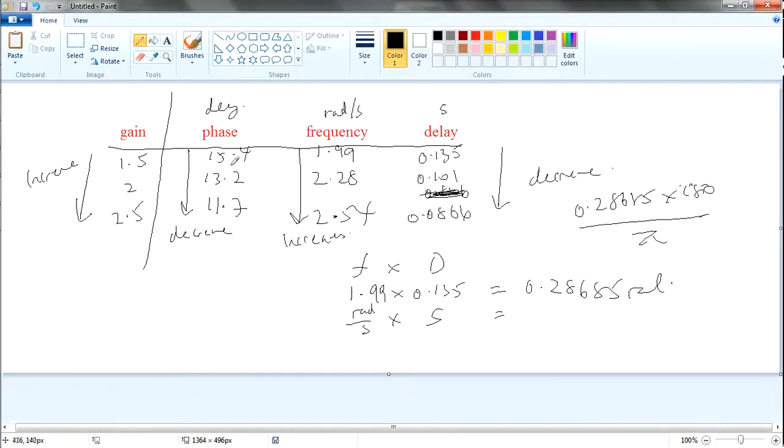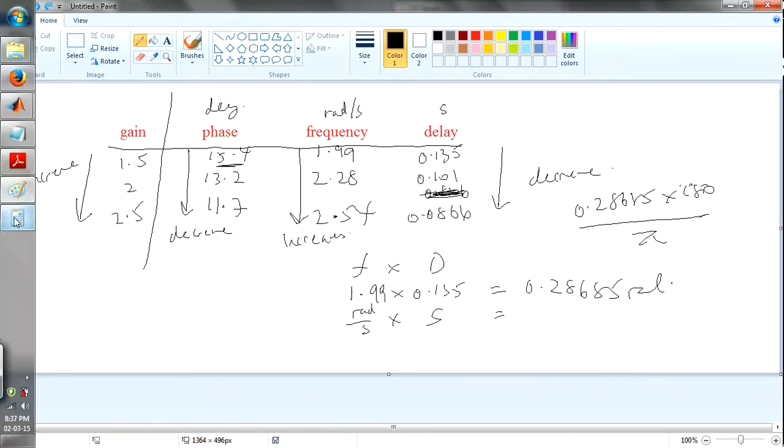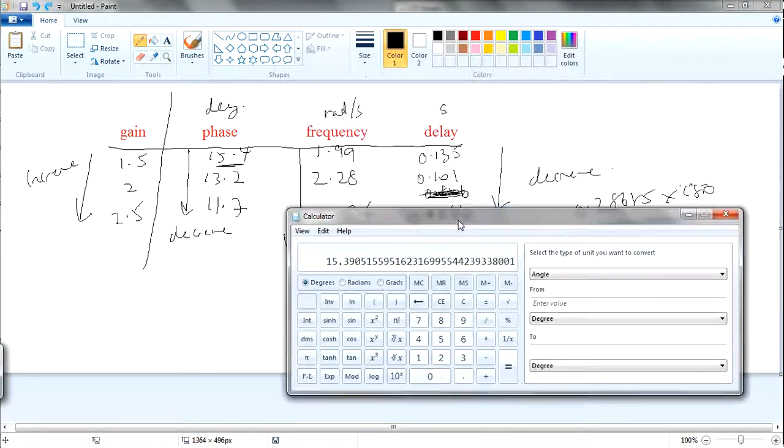So this is the phase angle. We can conclude that if you have the frequency and you are given a delay, you can find the phase angle. This is most likely a very important, tricky question. If it happens that in the test they ask you and you don't know, you are dead. So make sure you remember this.